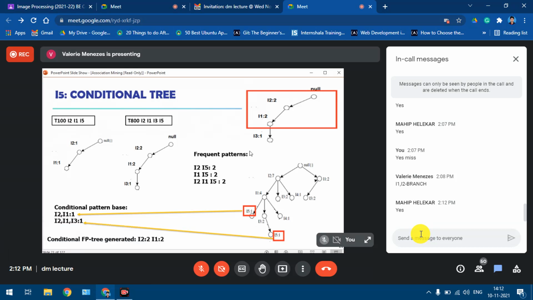Please note the contents on this slide. When I finish, drop a message.